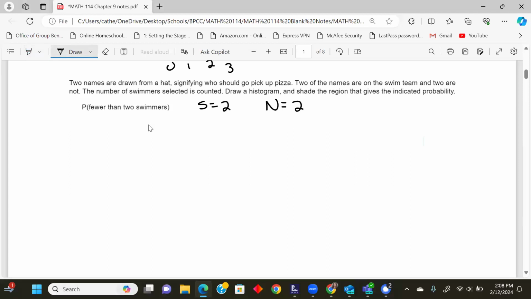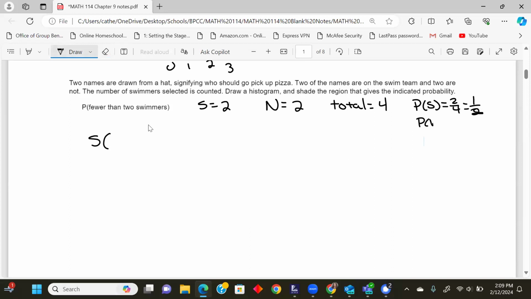So we have the probability you pick a swimmer on the first go is 2 out of 4, because the total is 4. The probability they're a swimmer is 2 out of 4, which is 1/2.